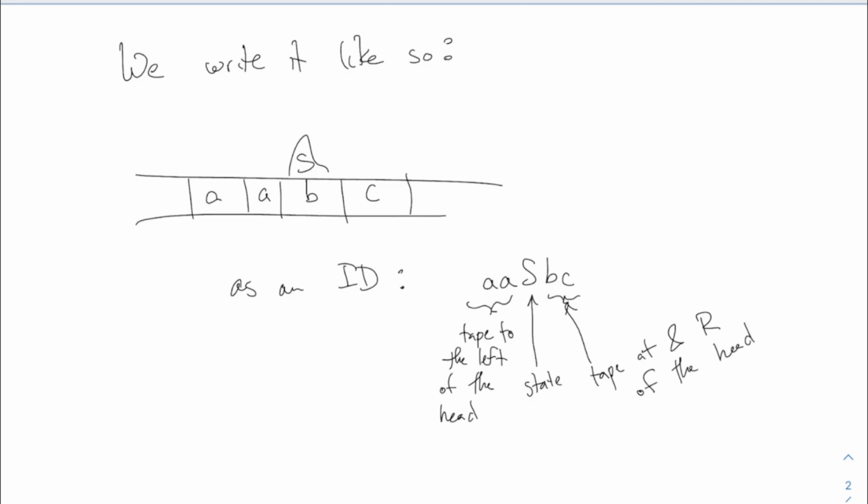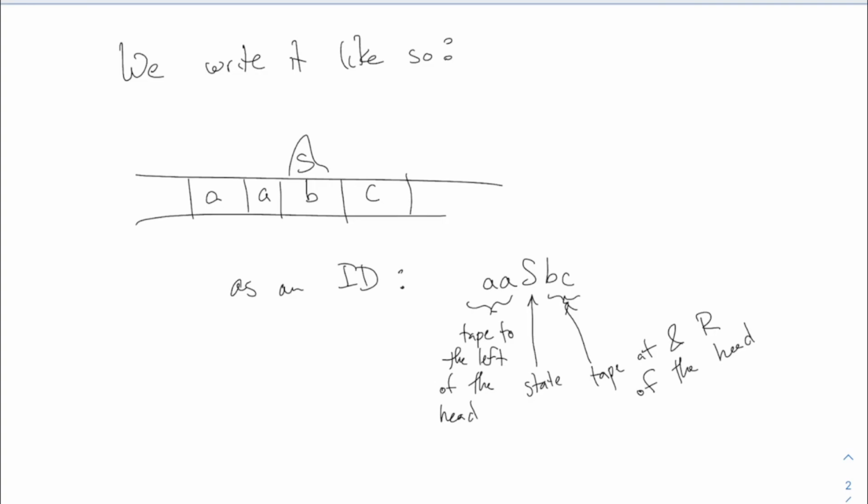All right. That looks kind of like a grammar step, but it's not. The S in the middle refers to the state of the machine. The A's on the left refer to what is on the tape to the left, and the B and the C refer to what is on the tape at and to the right of the head.